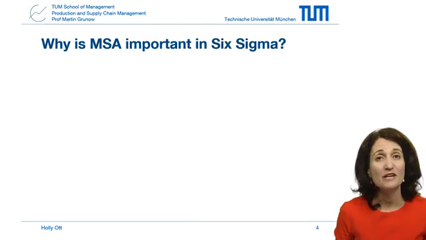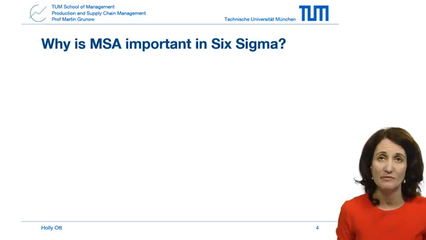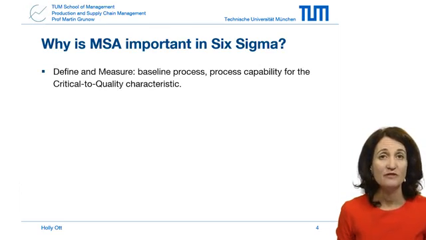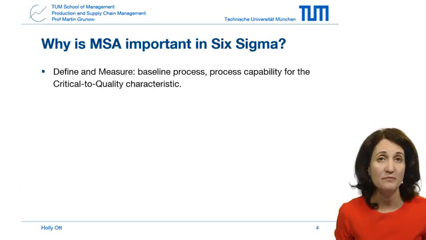So why is MSA important in Six Sigma? Six Sigma is a data-driven methodology, which means that data measurements are the foundation for our decisions. In define, we take measurements to establish the baseline process performance for our critical to quality parameter, the process capability.